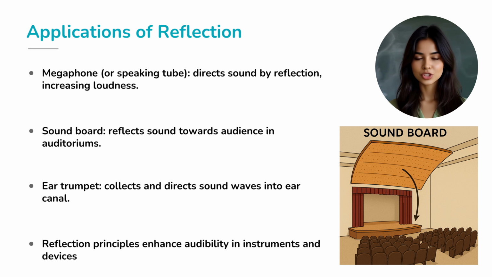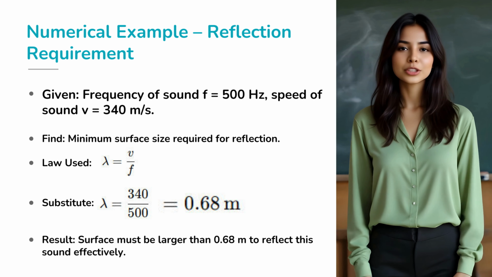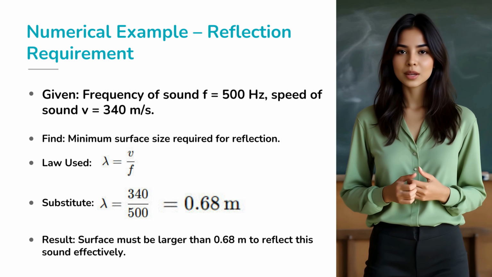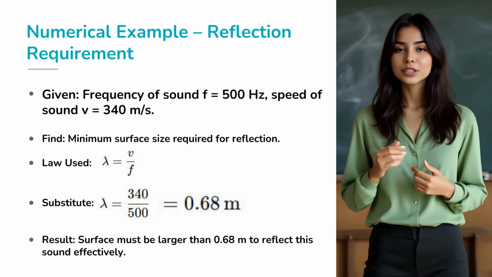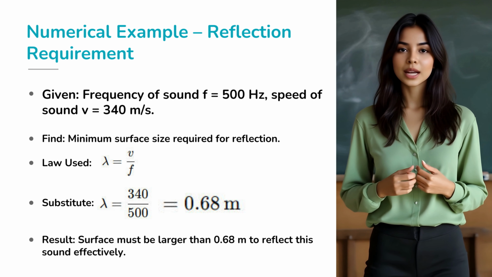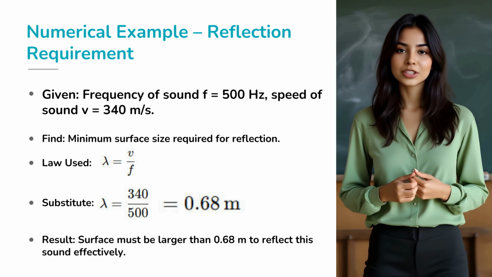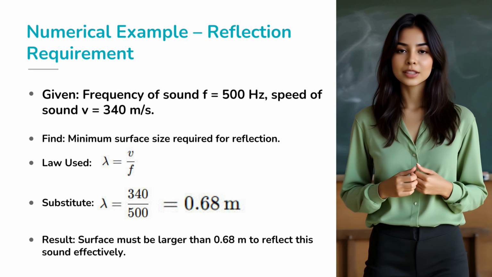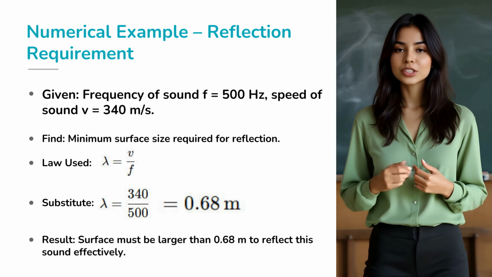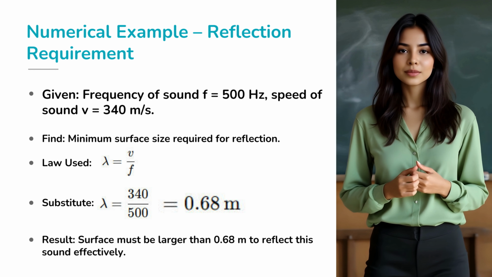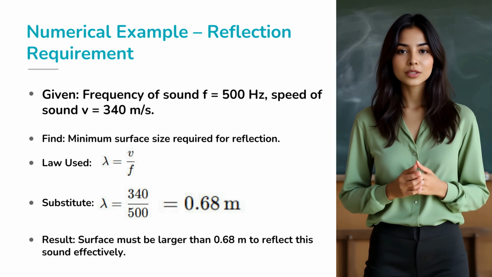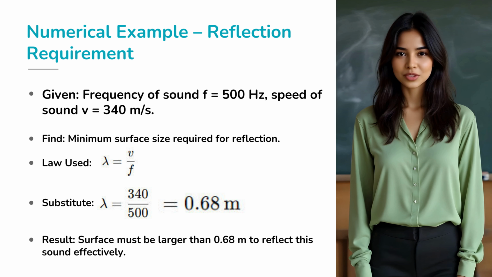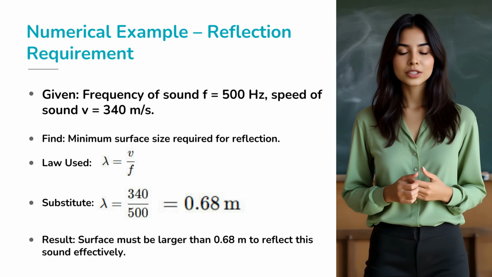Let's put this into numbers. Suppose we have a sound wave of frequency 500 Hz traveling through air at 340 meters per second. The wavelength is given by lambda equals velocity divided by frequency. That's 340 divided by 500, which comes out to 0.68 meters.